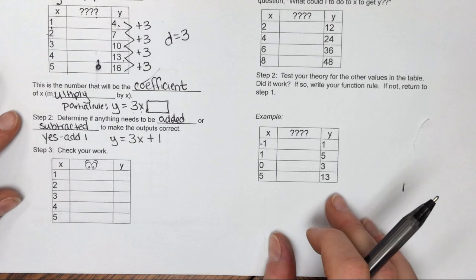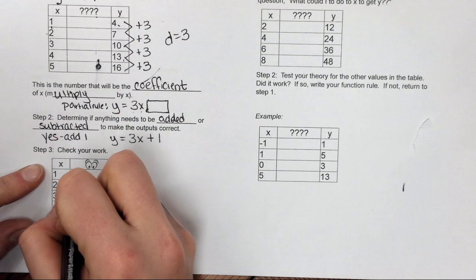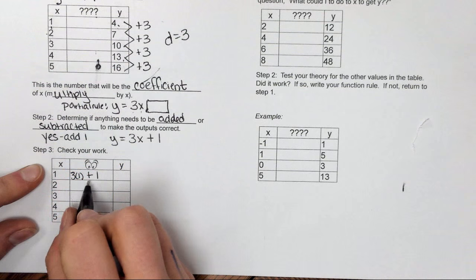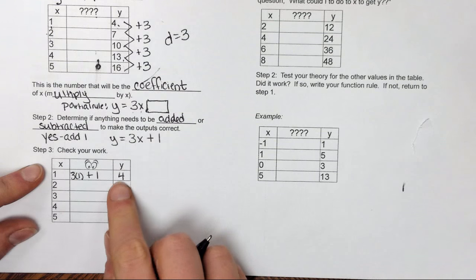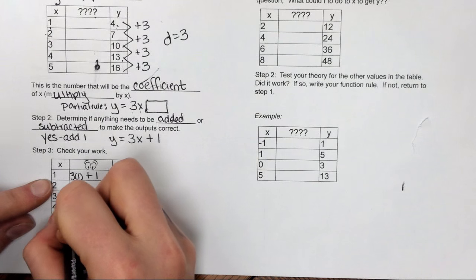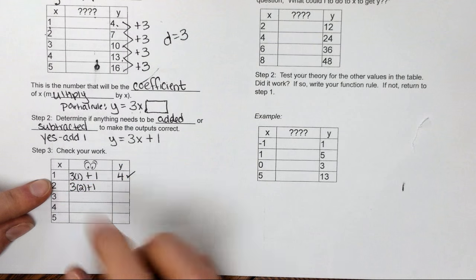So I'm going to check my work just to make sure. If I have 1, I'm going to have 3 times 1 plus 1. 3 times 1 is 3, plus 1 is 4. And if I compare my two charts, 4 and 4, they match. So 3 times 2 plus 1, 3 times 2 is 6, plus 1 is 7.